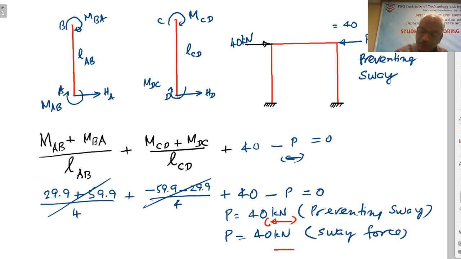Now we are going to apply the sway force to get the correct solution, because the earlier solution we got assuming that there is no sway. It is because of this force towards left. So that is our next step.